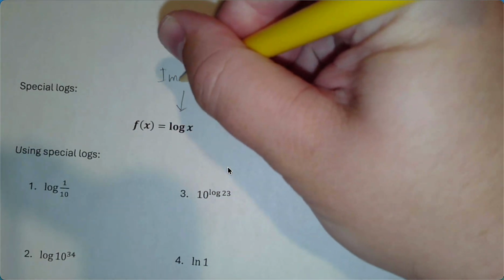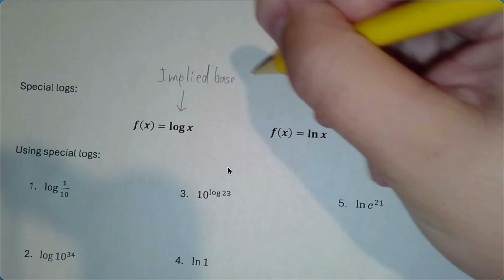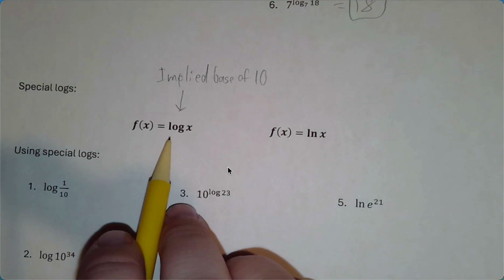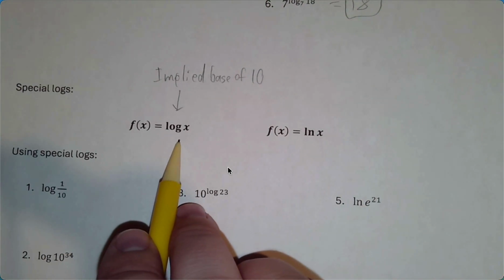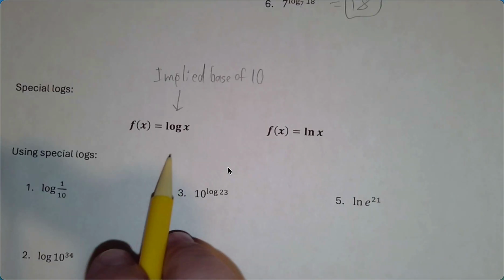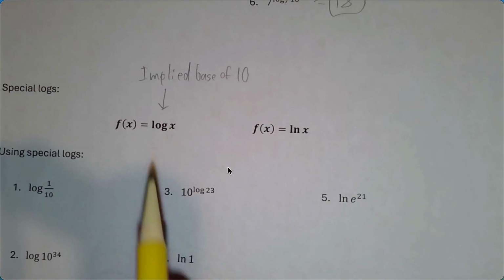So what I'm saying here is this has an implied base of 10. So if you just see regular log with no little subscript number, no little subscript 5, 2, b, x, or whatever, then your base is 10. Now, why does that make sense? Well, because you might not know it, but we use the base 10 number system.